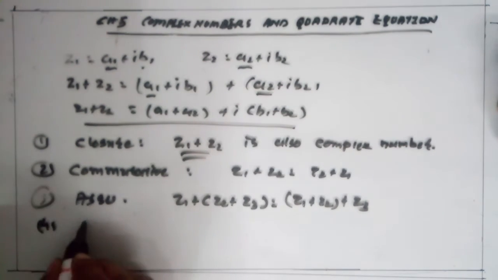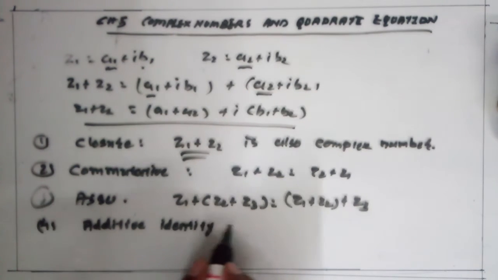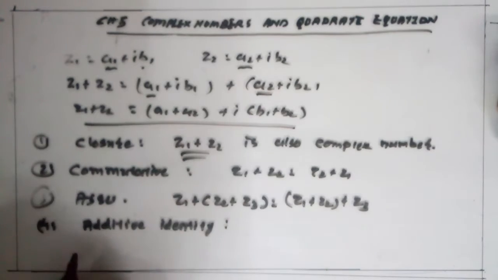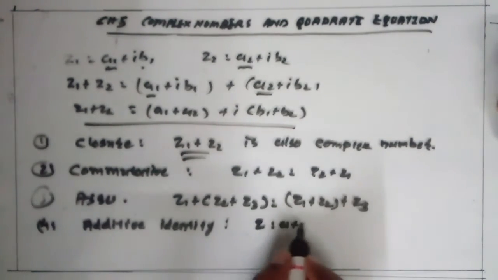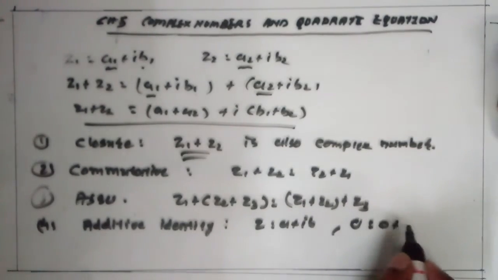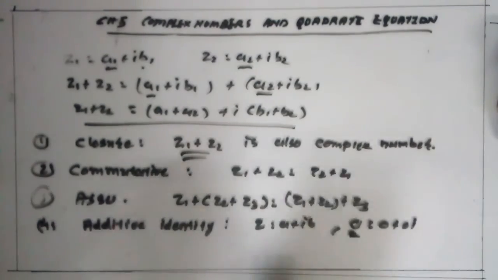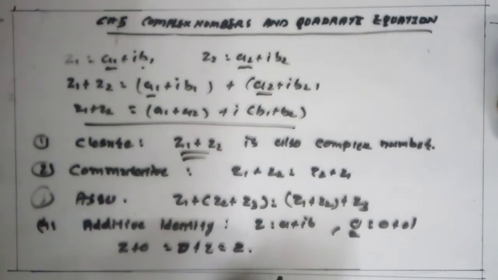Number 4, additive identity. For complex number z is equal to a plus ib, complex number 0 is equal to 0 plus 0i is called additive identity, because z plus 0 is equal to 0 plus z is equal to z itself.